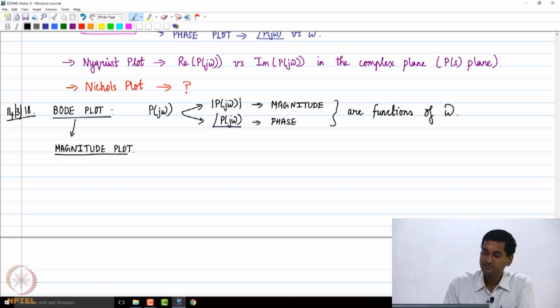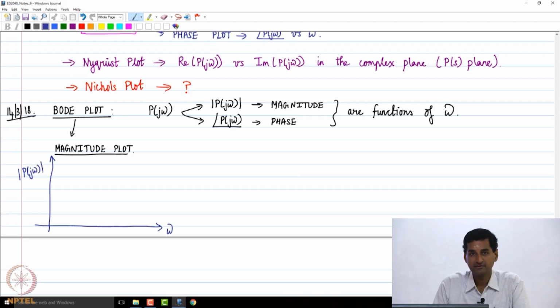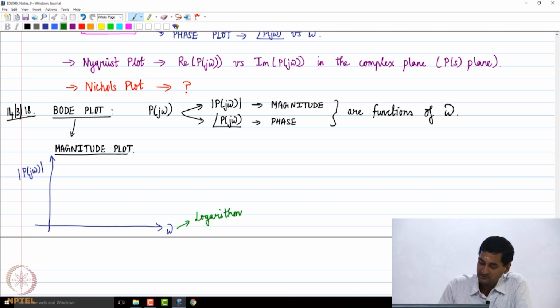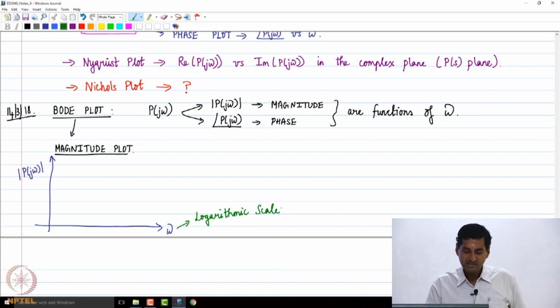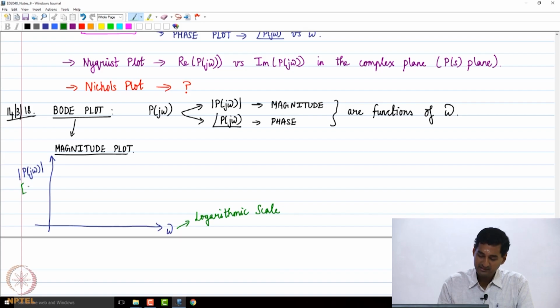So what is this magnitude plot? In the magnitude plot, we plot omega on the abscissa and the magnitude of P of j omega on the ordinate. But the important thing to note is that we use a logarithmic scale for omega on the abscissa, or the horizontal axis, and P of j omega is plotted in decibel measure.